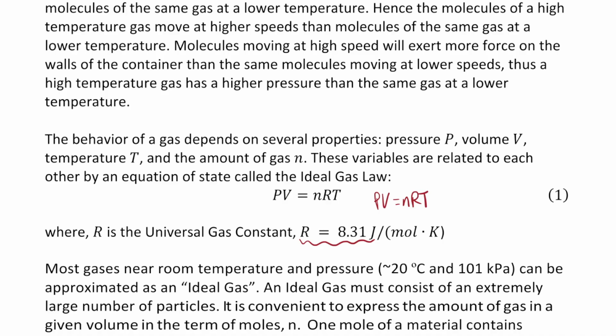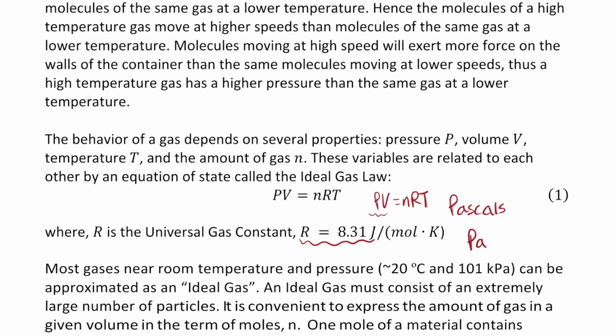Another form of this equation is PV equals nRT, where R is 0.0821, and that's only if you measure pressure in atmospheres. So if you're going to use this 8.31, just remember you have to measure pressure in pascals, and temperature is measured in Kelvin, not Celsius.